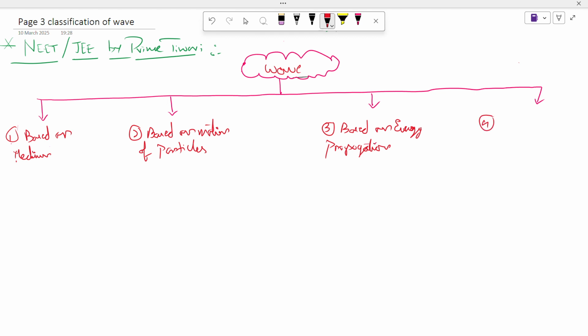The fourth one is again based on direction of propagation. So let us proceed.